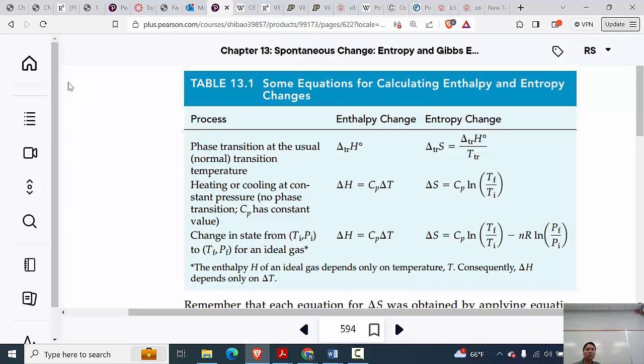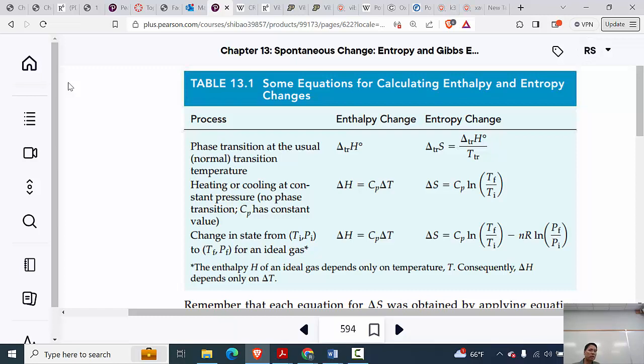This is the whole point of measuring the heat capacities over a temperature range, to relate those to entropy, and we can get the absolute entropies. When we have delta S as S final minus S initial, if we have S initial as 0, using the third law, then we can get S final. But this is calculating delta S.